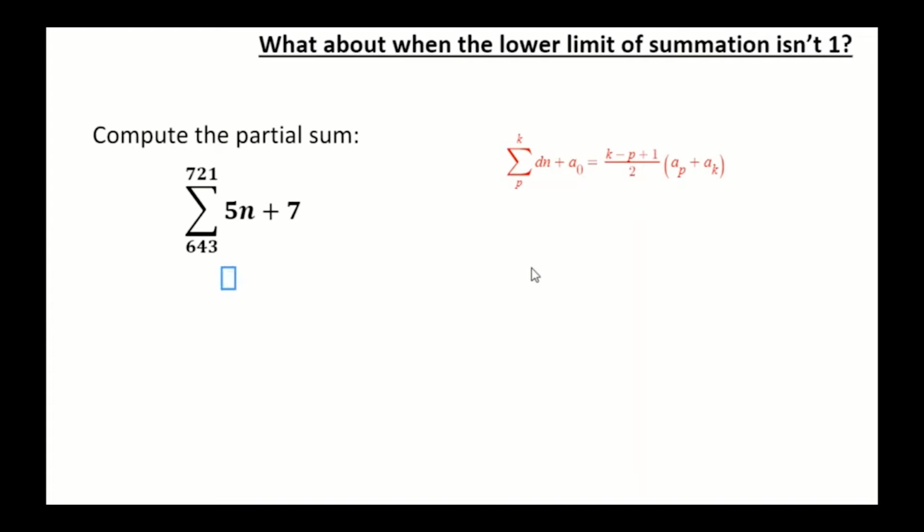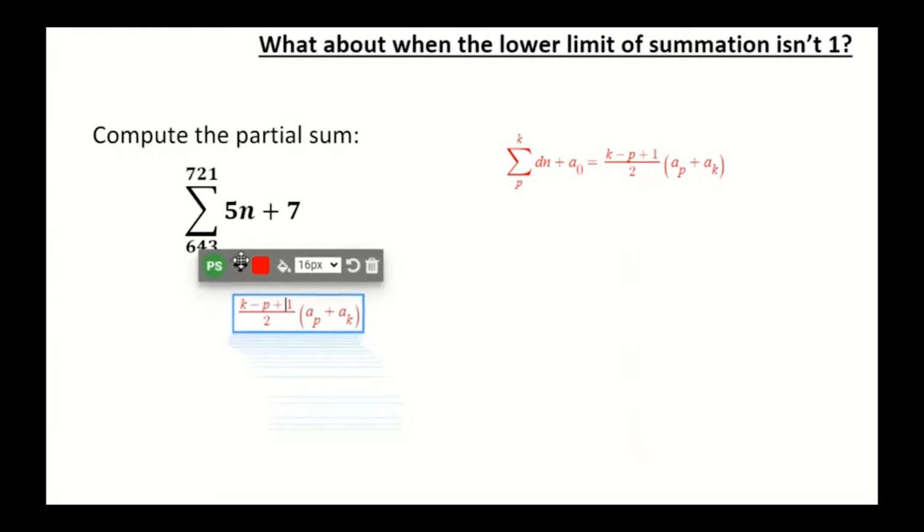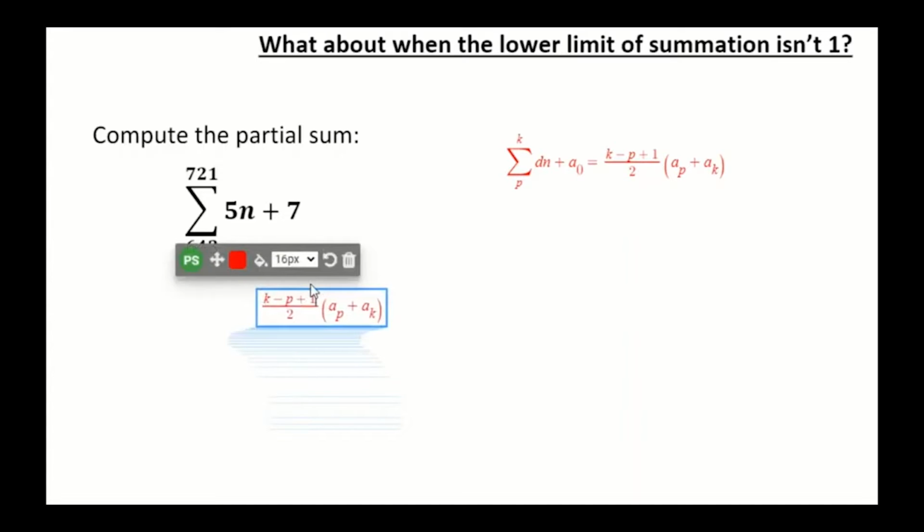So we've got, let me just highlight the actual formula part here. There we go. So this will equal the upper limit minus the lower limit, so 721 minus 643, and then plus 1. So this will calculate how many pairs there are.